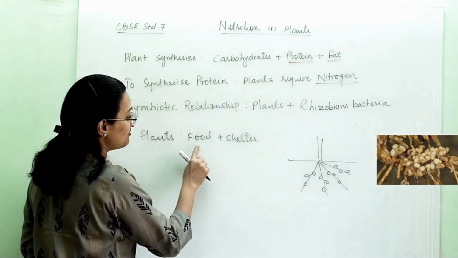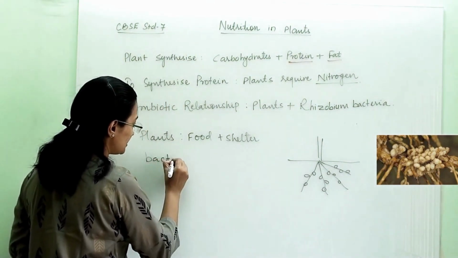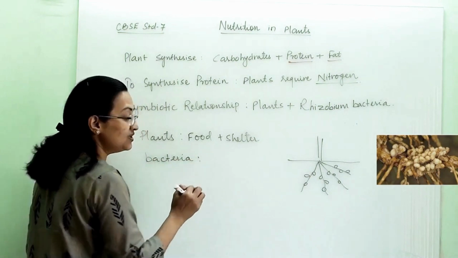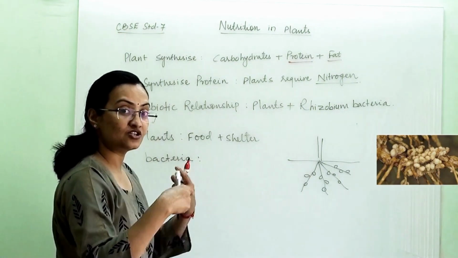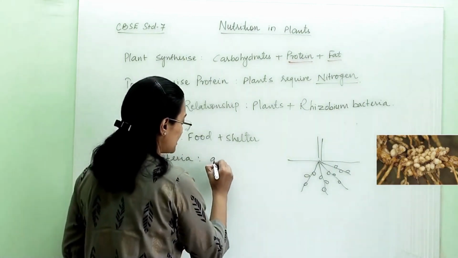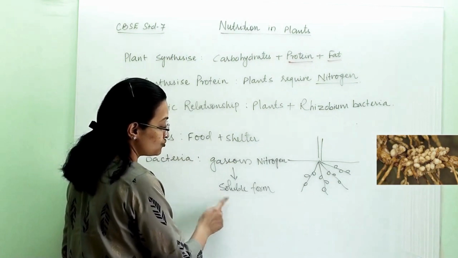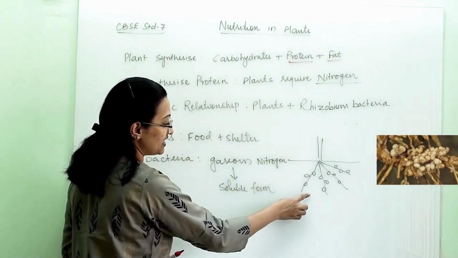So plants are giving food and shelter to bacteria, whereas in turn bacteria will absorb the atmospheric nitrogen, and convert it into a soluble form. So gaseous nitrogen will be converted into soluble form so that plant can take up that nitrogen.